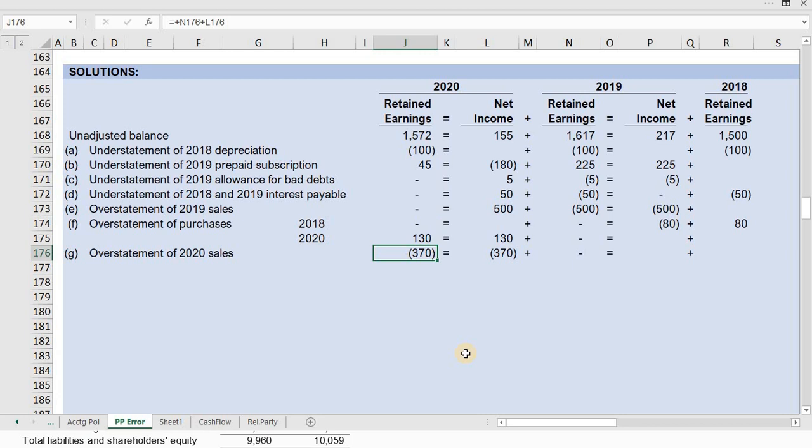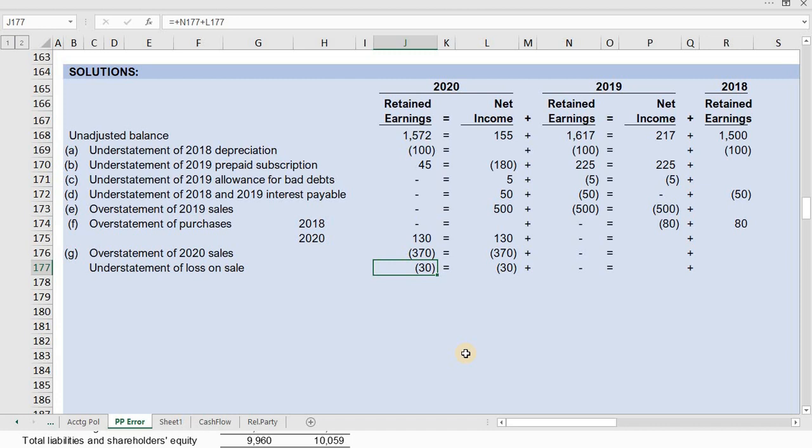So in order to correct the understatement of loss on sale, we need to deduct 30 pesos from net income because the understatement of loss resulted to the overstatement of net income. And again, since the 2020 net income is overstated, the retained earnings 2020 is also overstated, which means we need to adjust the retained earnings at the end of 2020 by a deduction for 30 pesos.